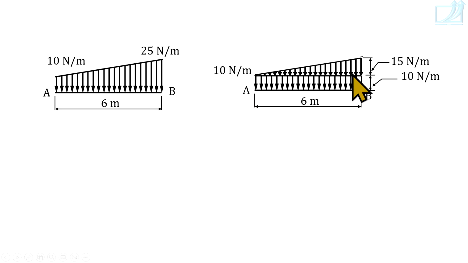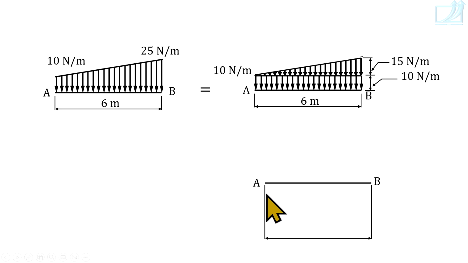That is, this UDL as a point force at the center of the length and the triangular load at 1/3 of its length from the maximum intensity end. Here the total length is 6 meters and now we'll show this triangular load, where it is 2 meters from the maximum intensity end. So this is how we show the triangular load.